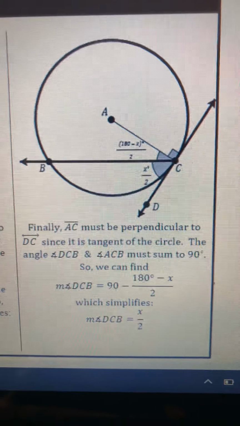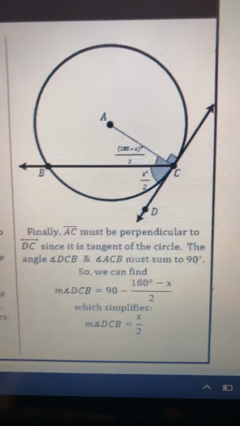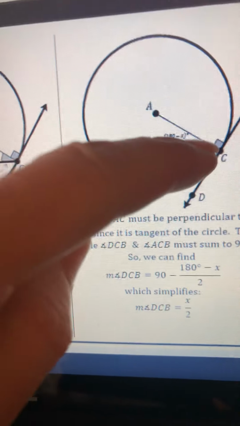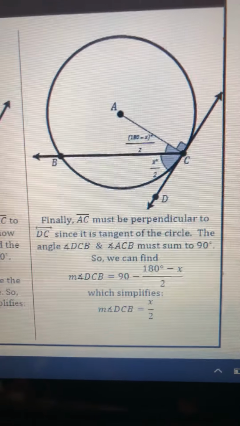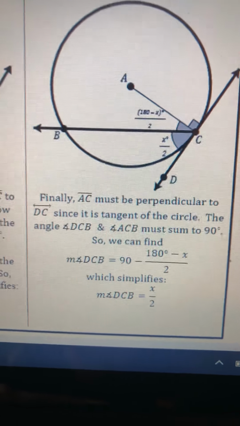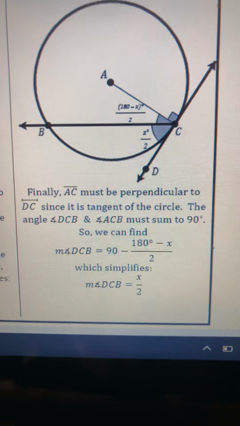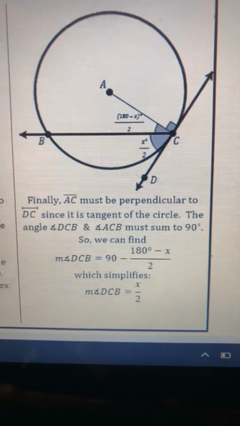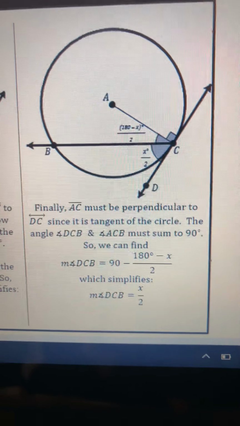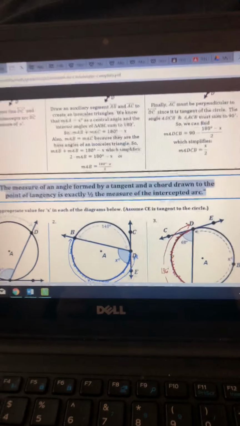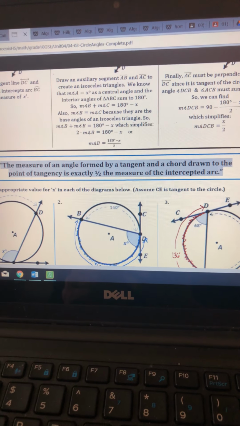So we can find DCB by saying 90 minus (180 minus x) divided by 2, because this right here is one of the angles of our isosceles triangle. But really, to make this all simple, we can just say the measure of angle DCB is x divided by 2, quite simply.